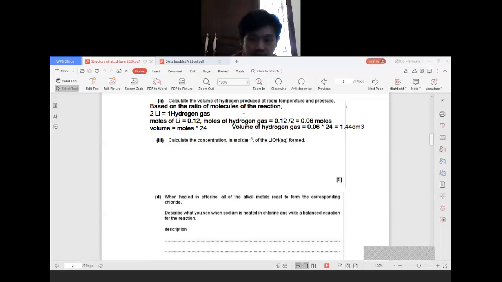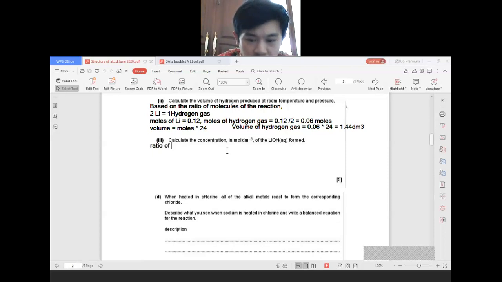And then calculate the concentration in mole per decimeter cube of the lithium hydroxide formed. So here we have the mole ratio of lithium and lithium hydroxide equals 2 to 2.